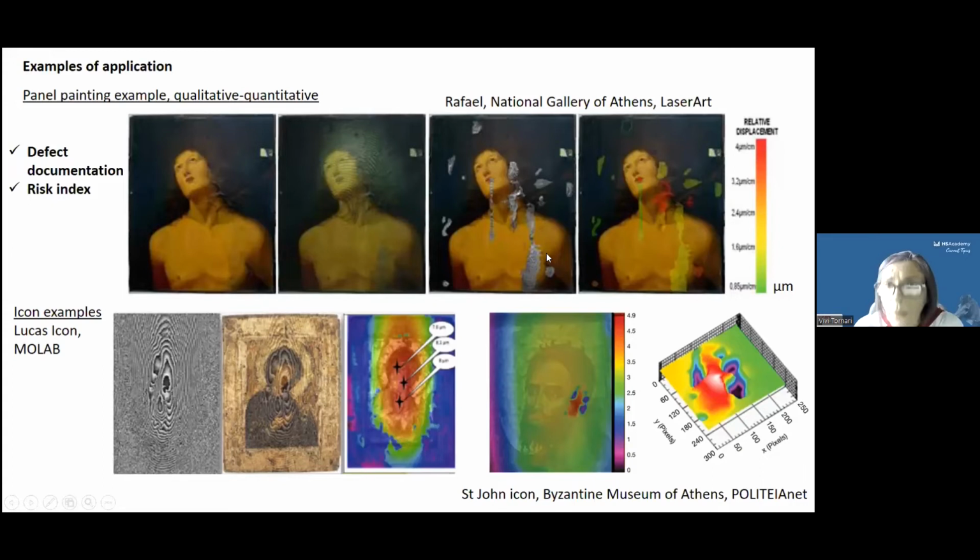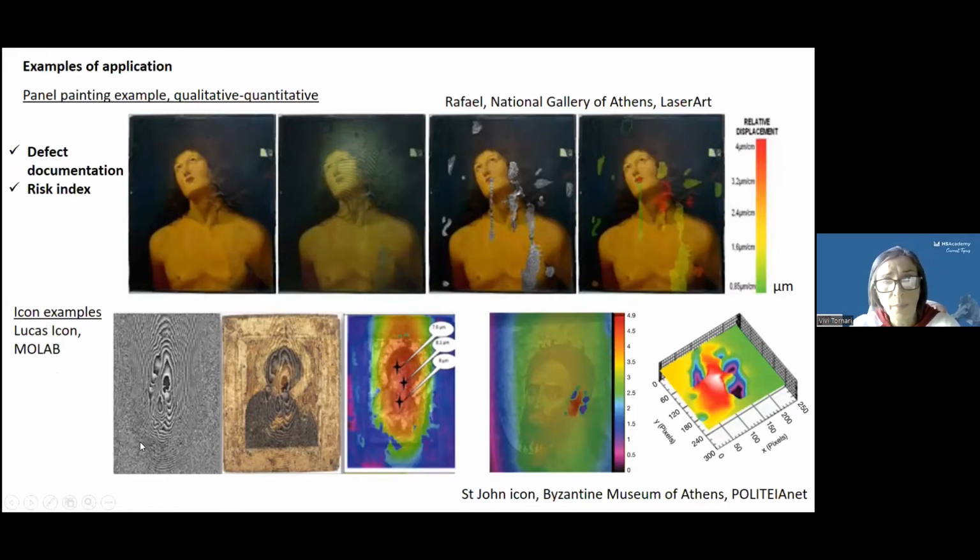We can measure it through the local fringe number, and the software gives us the relative displacement of each individual defect. This information is taken directly from the surface of the object.